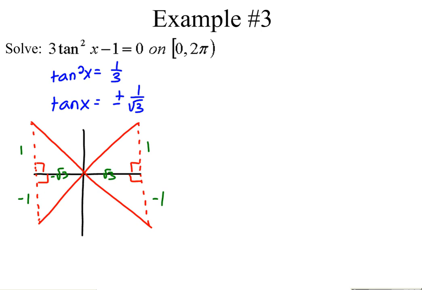So 1, 1, negative 1, negative 1. Adjacent is root 3 and negative root 3. Hypotenuse, recognize this as being a 30, 60, 90 triangle. Reference angle in all 4 reference triangles is going to be pi over 6.